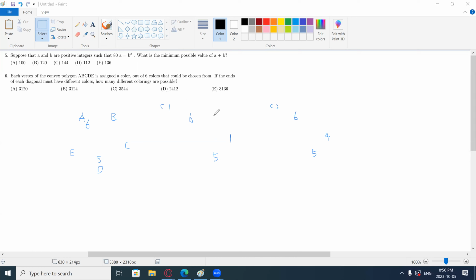Let's analyze how many colors can be chosen from here. Again, B cannot choose the same color as D, so there will be 5 colors to choose from.